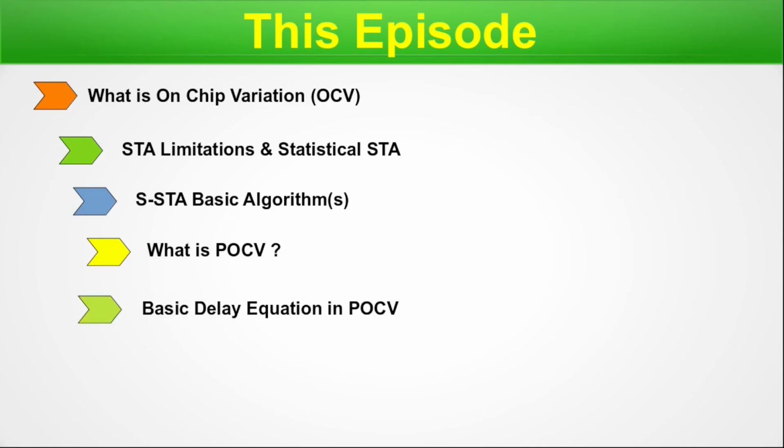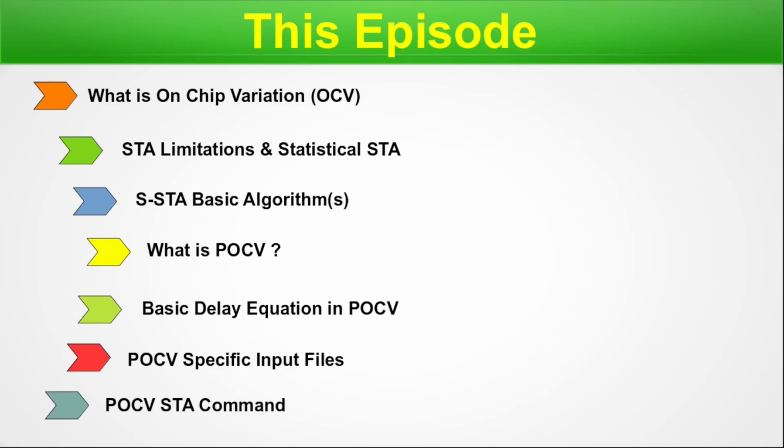Next, we will discuss the basic delay equation in POCV. We will understand how the POCV input files are different from the regular static timing analysis input files. And at the last, we will discuss the command that you need to invoke the POCV in the STA tool. So folks, this is the menu for today and let's begin.